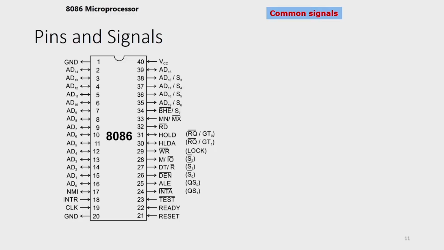And then coming to the pin diagram. Totally there are 40 pins; 8086 is a 40 pin IC. There are some common signals and some specialized signals. The microprocessor can operate in two modes: minimum mode and maximum mode.